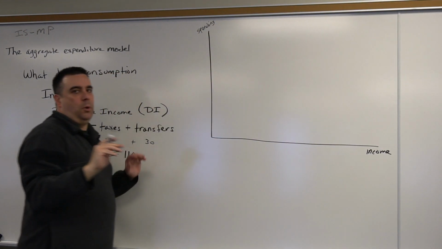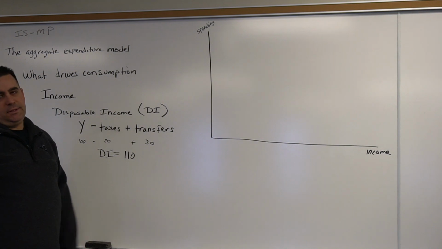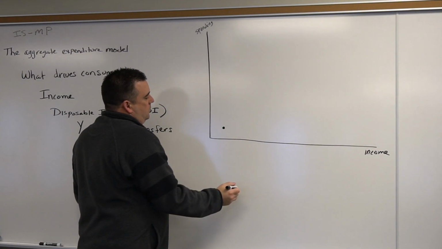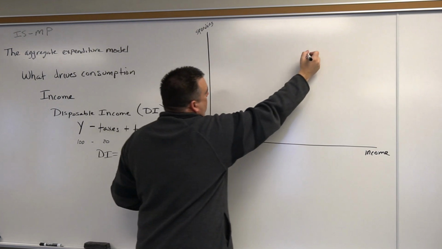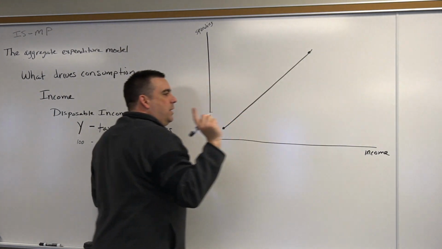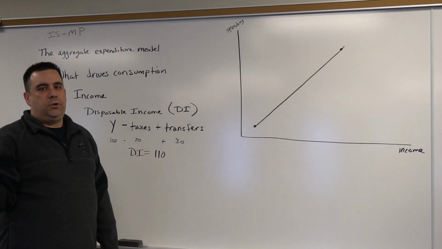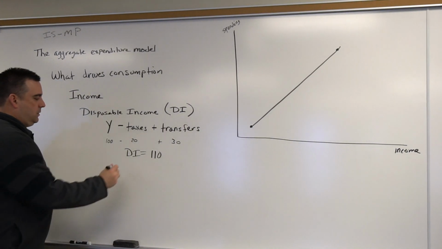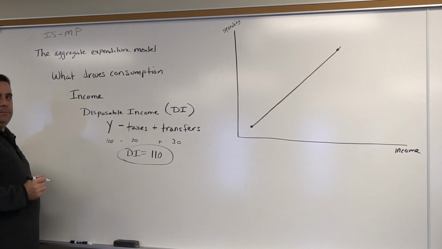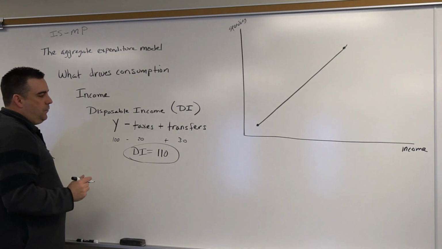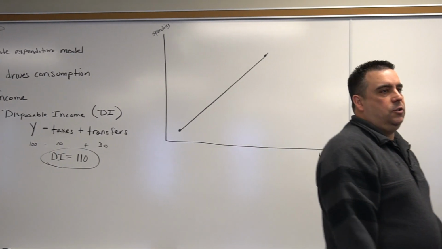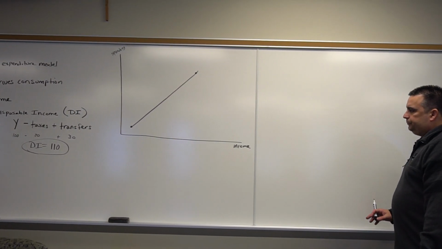Consumption is a form of spending. And I think this is kind of a no-brainer. If you have low income, you're not going to spend very much. If you have high income, you're going to spend more. And we definitely see that a direct relationship exists between income, and thus disposable income, and consumption spending. That tells me right away that I expect this to be an upward sloping function measured in this model.